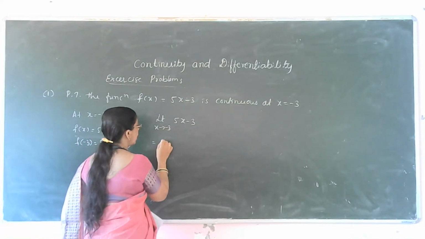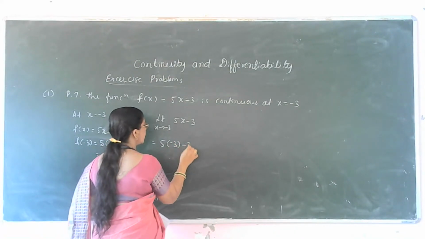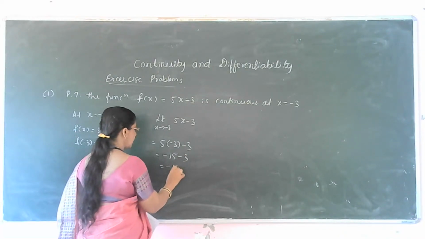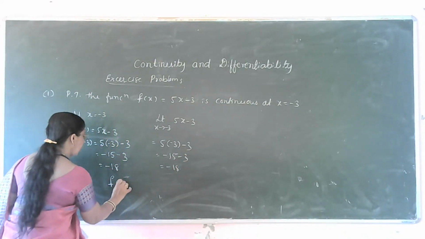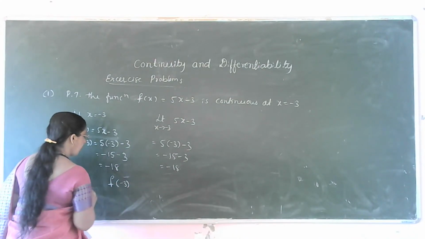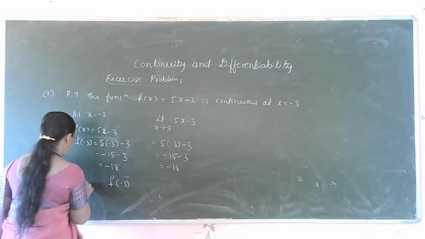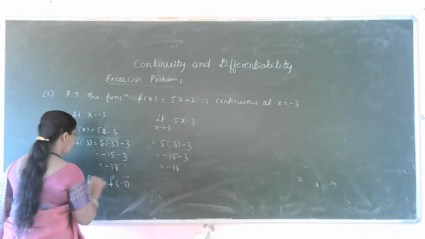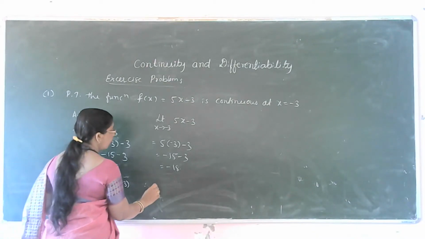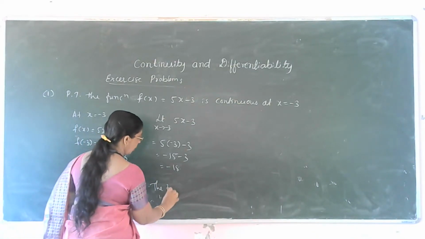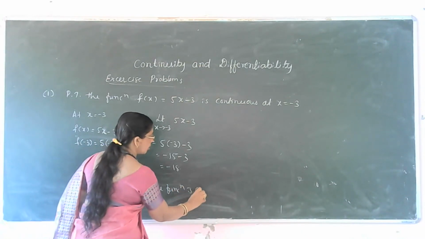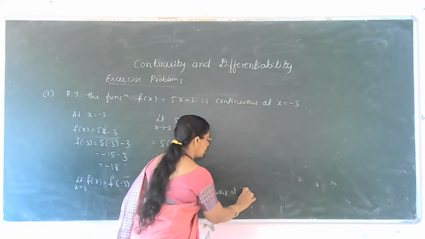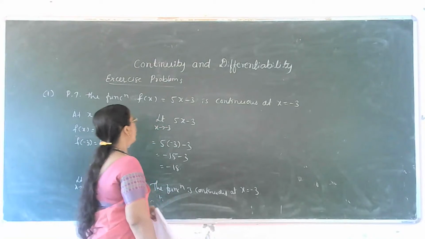You can put the value here also: 5 into minus 3 minus 3, therefore minus 15 minus 3 is equal to minus 18. Therefore the limit as x tends to minus 3 of f of x is equal to f of minus 3. Therefore the function is continuous at x equal to minus 3.